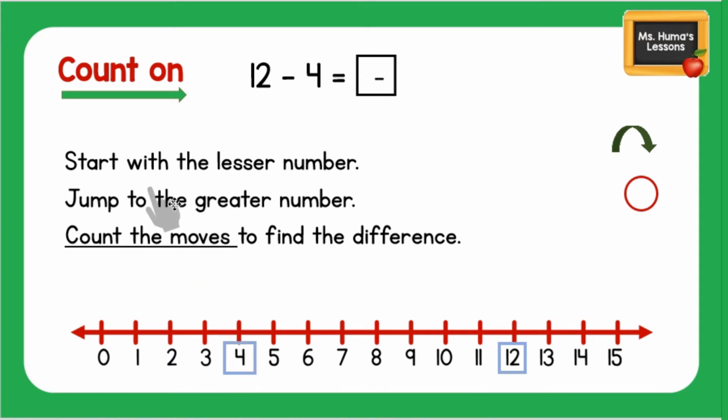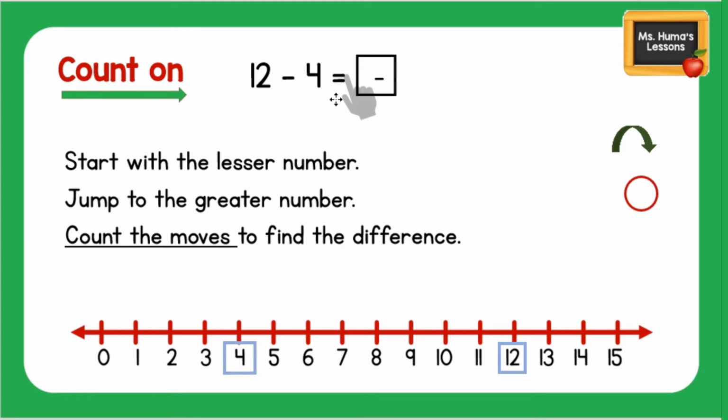Seems strange that we are doing a minus sum by jumping in the forward direction, but this is the method of counting on, where we start with the lesser number and we keep on jumping to the greater number. Then we have to count how many moves we have made, and this will give us the difference. We will find the difference between these two numbers, and that's what we are going to write here.